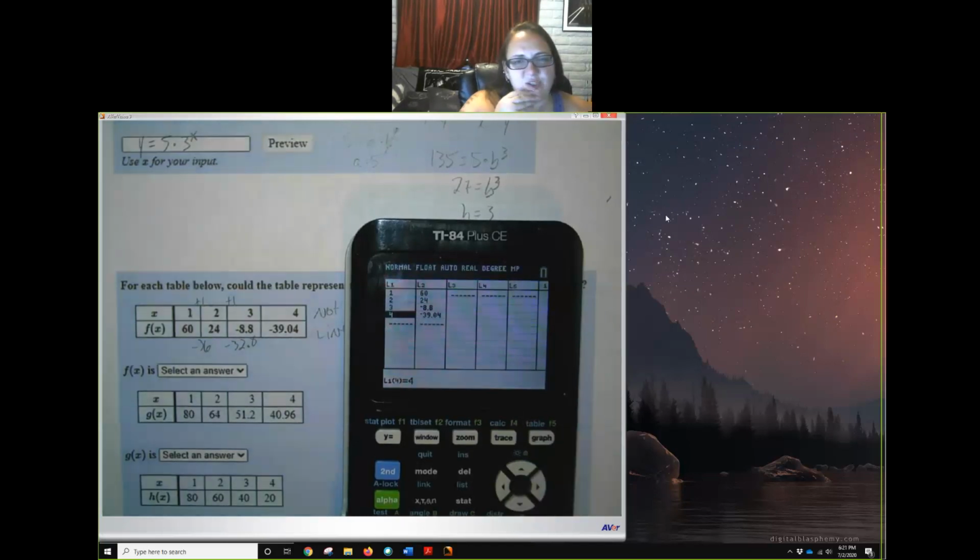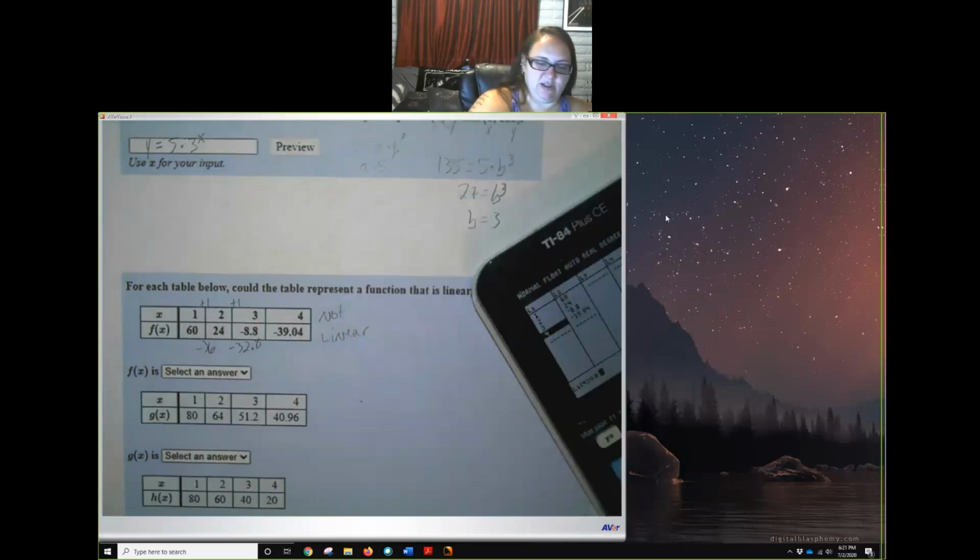Oh, okay. It's because those were negative. Well, getting an error means that it's neither. It's definitely not exponential either.